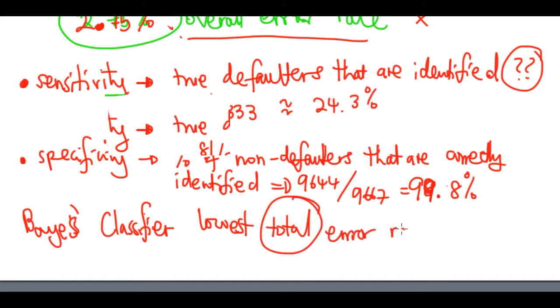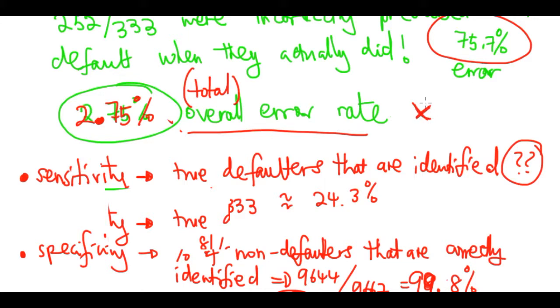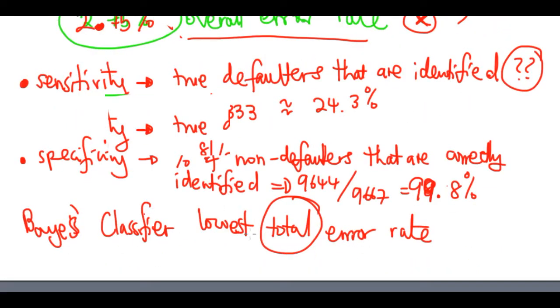I'm highlighting total because you remember what happens here with our total. Our total could be low, but the class specific could be high, right? The Bayes classifier just looks at the total error rate, not the class ones. It doesn't look at the class ones. It looks at the total error rate, and it is the lowest total error rate.